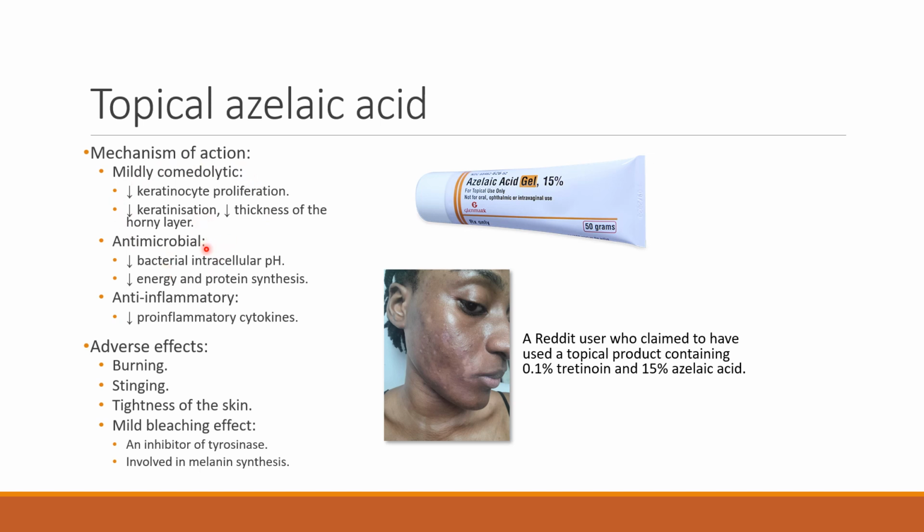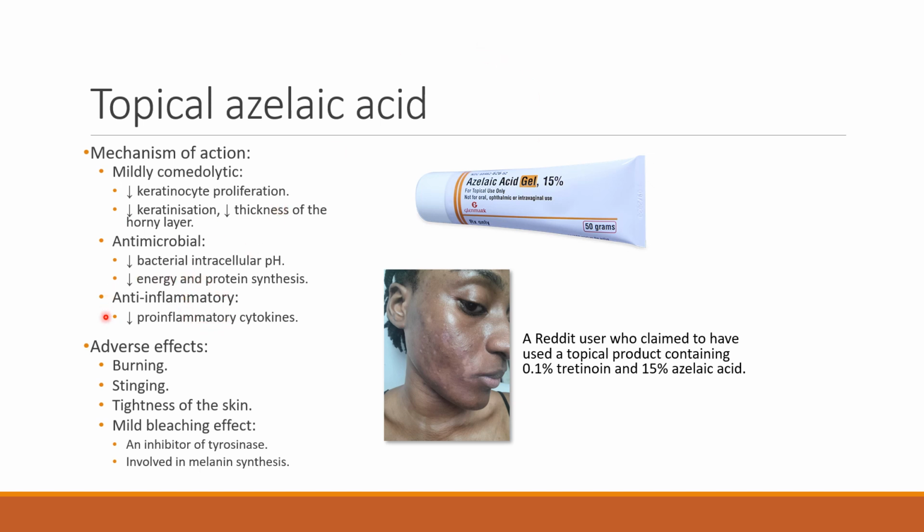For its antimicrobial action, azelaic acid is taken up into bacteria, and because it's an acid, it decreases intracellular pH. This causes energy loss and decreases protein synthesis, as a pH change affects the maintenance of the mitochondrial proton gradient, which drives energy production in oxidative phosphorylation.